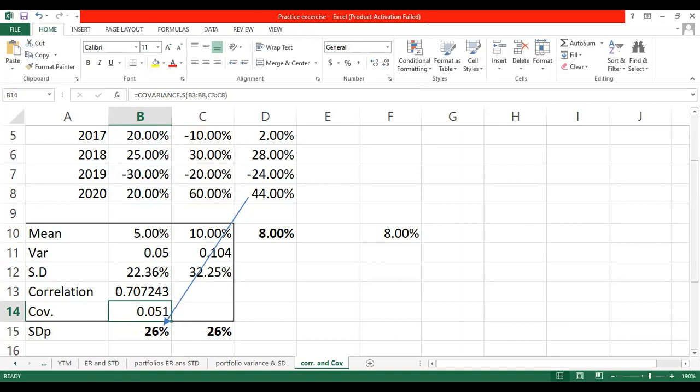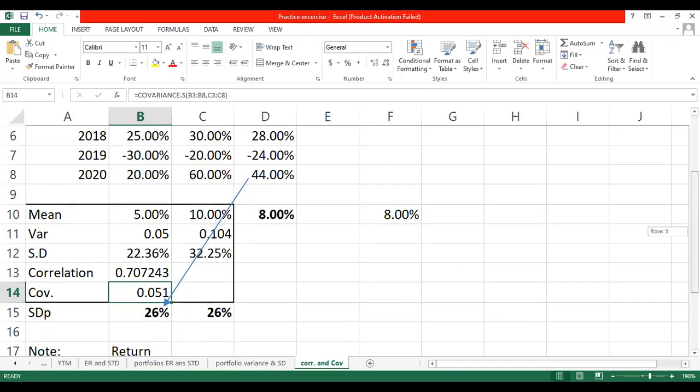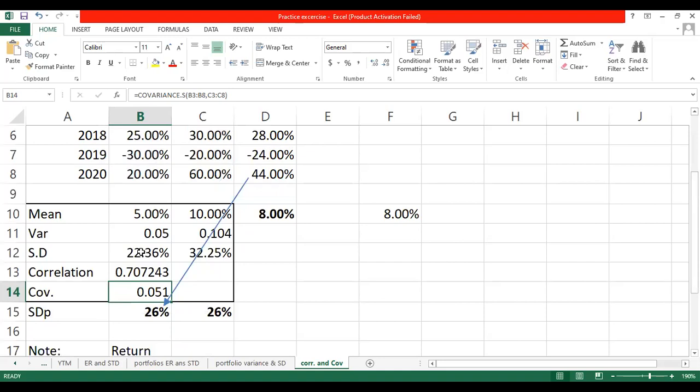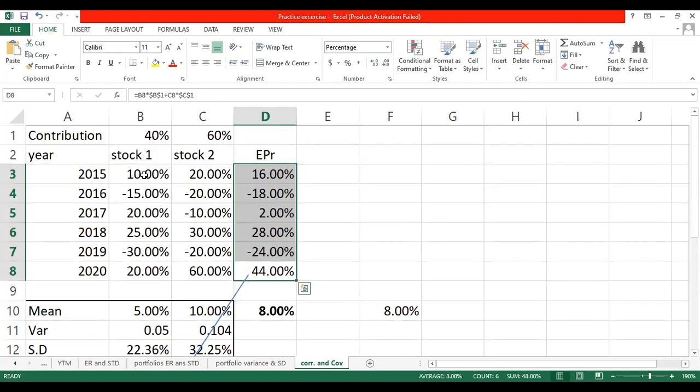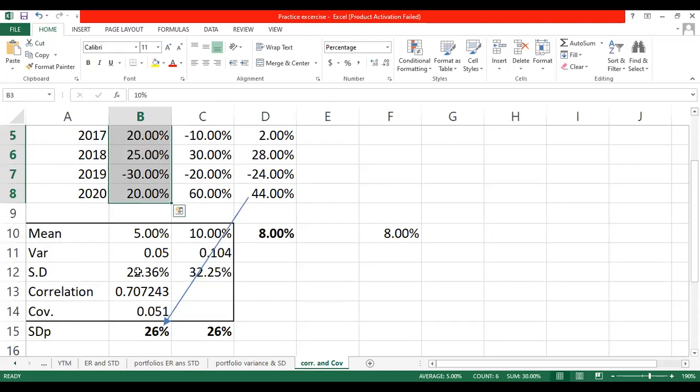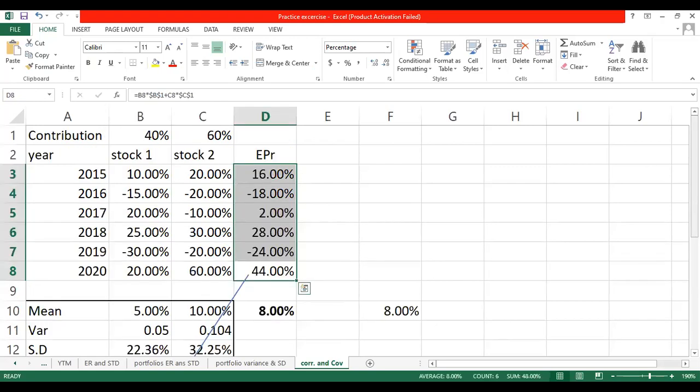Now, the last step is to calculate the standard deviation of a portfolio. Here we have calculated the standard deviation of individual stocks. Now we will calculate the standard deviation of a portfolio. Here we have portfolio expected returns. The same way as we used stock returns to calculate the standard deviation of a stock, in the same way we will use expected returns of the portfolio to calculate the standard deviation of a portfolio.